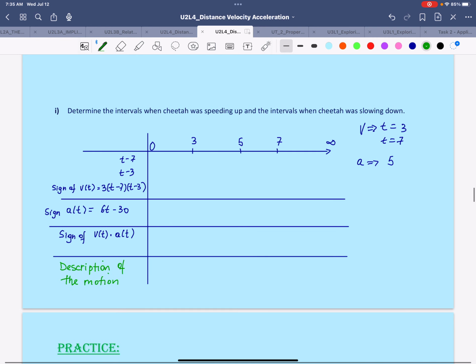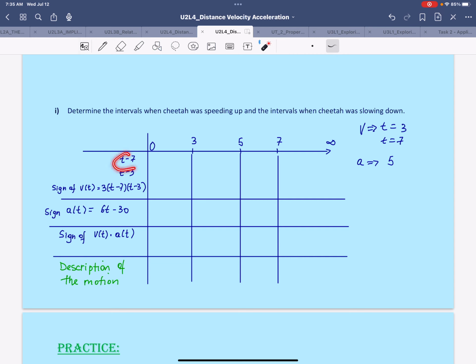So I'm going to start off by dropping some perpendiculars from the zeros all the way down here. I'm going to make them actually in blue. Okay, and we have the zero of t minus 7 here at 7, so I'm going to write that down. The zero of t minus 3 is at 3, and that will make the velocity 0.